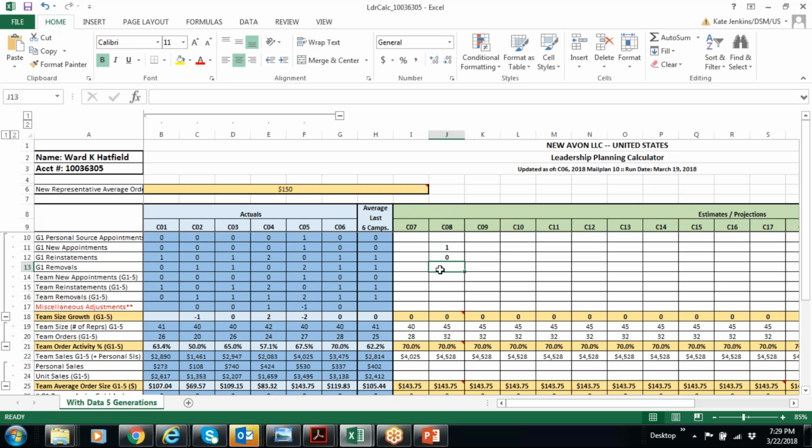And now's the time. How about your removals? Do you guys take a look at potential people that may fall off your team because A, they haven't paid their bill in 5 campaigns, or B, they haven't paid their bill in 3 campaigns, because on the 4th campaign, if they don't pay their bill, Avon removes their account automatically, so they would be considered a removal.